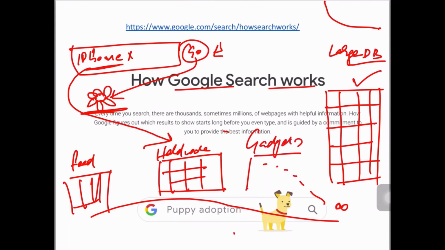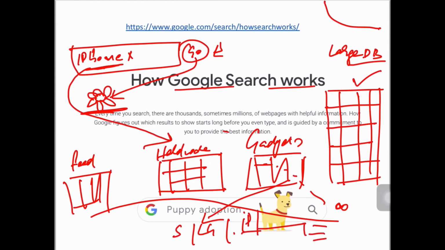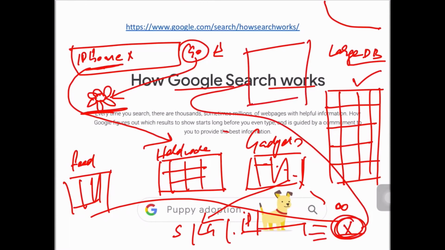Then in the gadgets category there are different gadgets, computers, printers, then there is a category of phones, then different kinds of phones, smartphones, then different kinds of smartphones: Samsung, LG, iPhone. Then in the iPhone there are different categories, and then it will go to the iPhone X, take that information and display it to you.